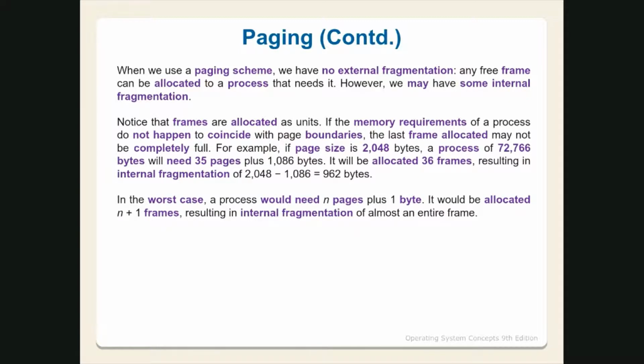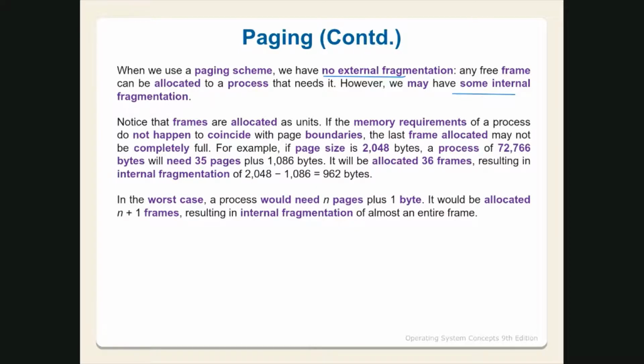Even though I say no external fragmentation, there is no external fragmentation, but they've got some problem. What does it mean? You may have some internal fragmentation. Internal fragmentation means you assign a block to a process, but the process is not utilizing that whole block. For example, I assign a 10 KB block to a process.